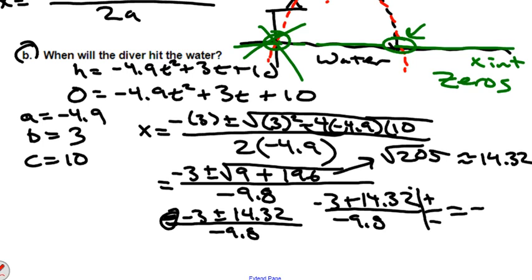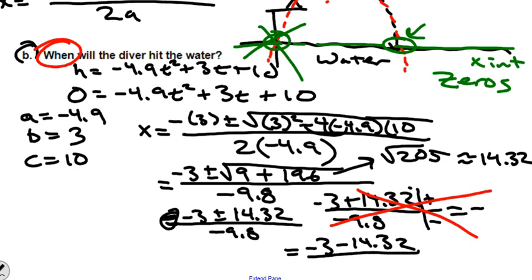And we don't want a negative answer because that doesn't make sense if we're talking about when, which is time. So we're not going to use that case. Instead, we are just going to use negative 3 minus 14.32 over negative 9.8, because that's going to give us something that makes a little more sense.